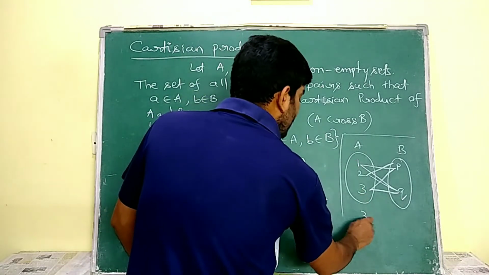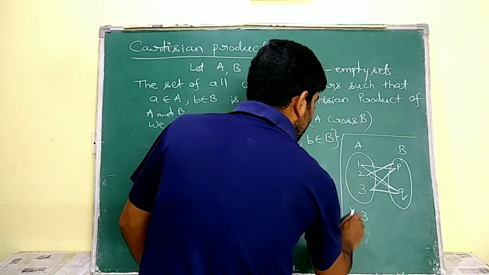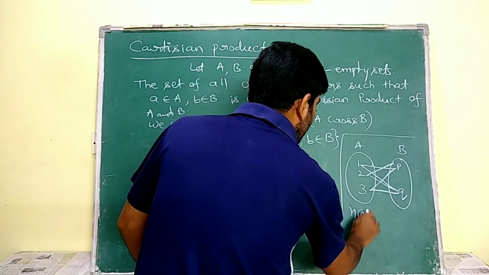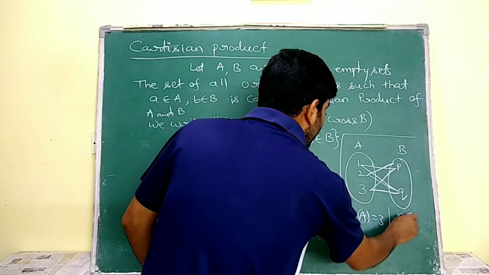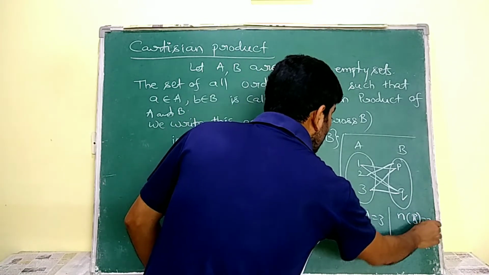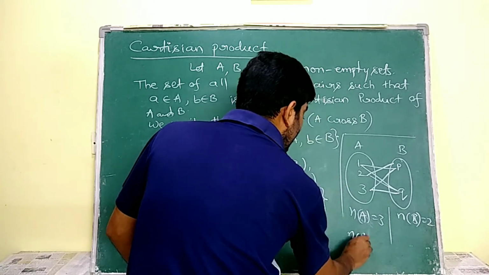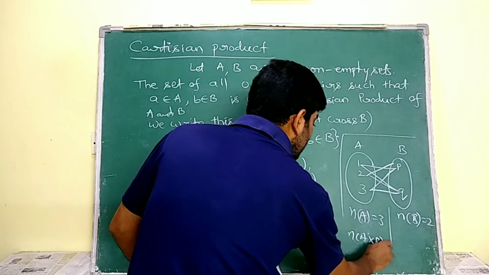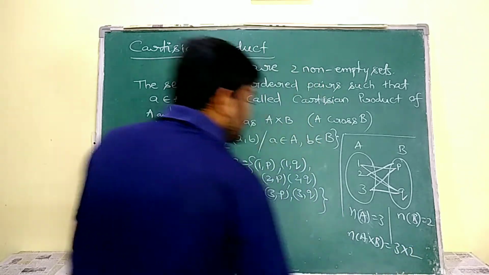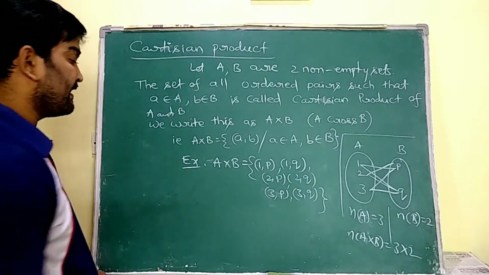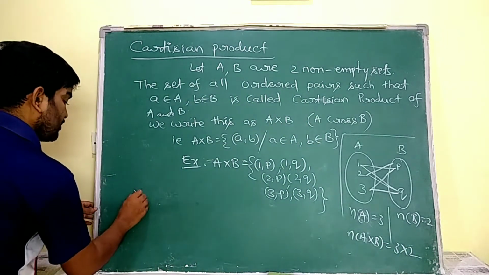Here I have 3 elements in A and 2 in B: n(A) is 3 and n(B) is 2. So the total number of elements in A cross B is 3 into 2. That's why I am going to write one note.